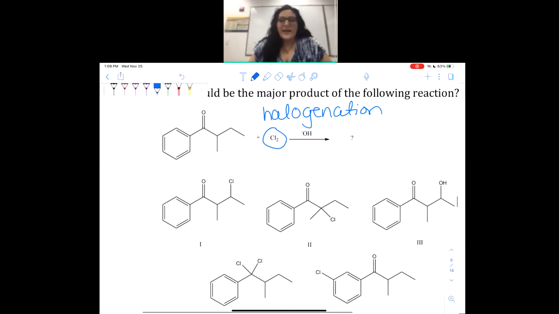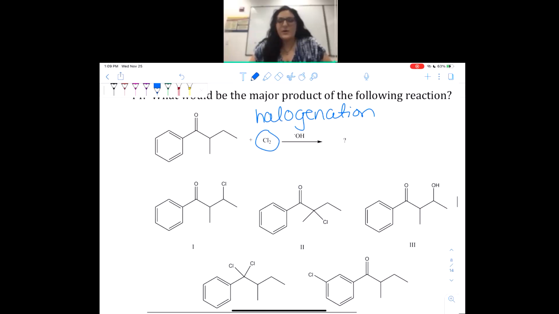So when we have a halogenation, step 1 is going to be find our alpha carbons and figure out which one we're going to use. So we have alpha 1, alpha 2. Which one is the best option in order to do the enolate chemistry?